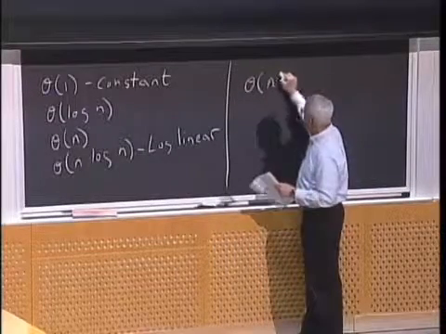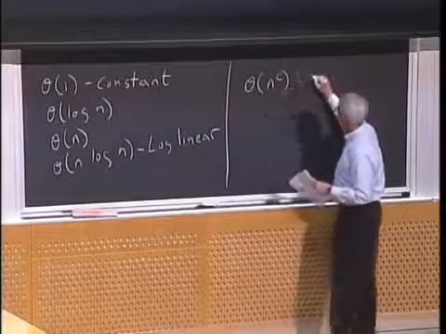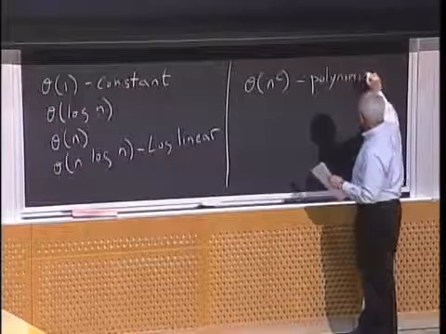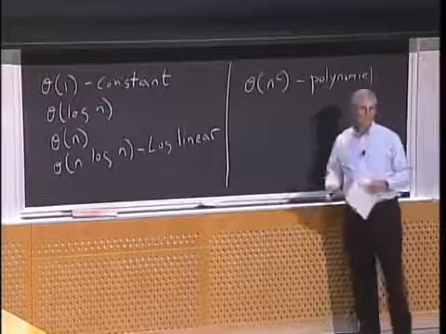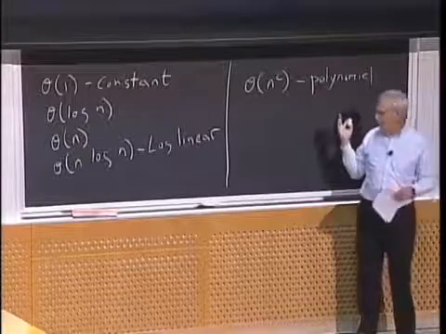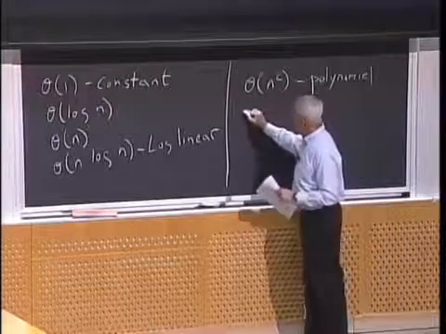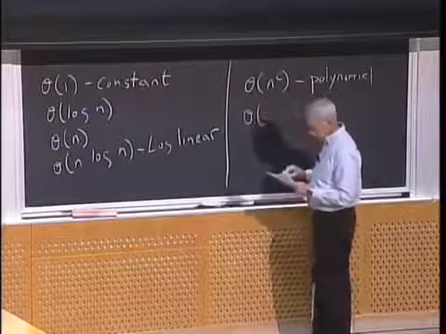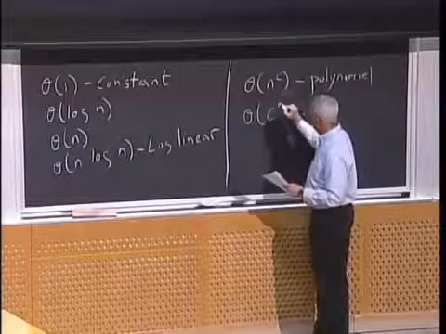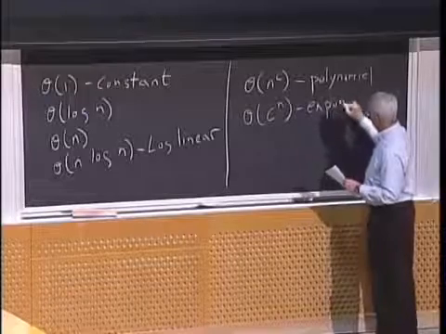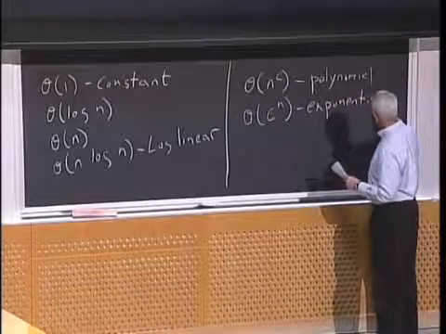And we'll see why that occurs surprisingly often. Order n to the c, where c is some constant. This is polynomial. A common polynomial would be squared, as in quadratic. And then, if we're terribly unlucky, we run into things that are order c to the n, exponential in the size of the input.